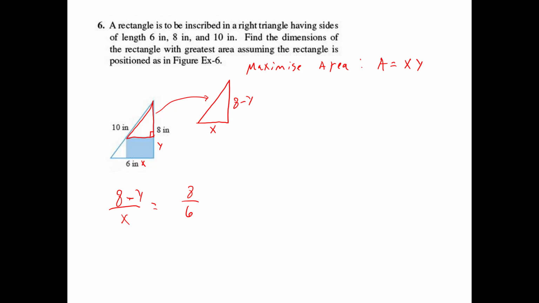So what we can do is clean up this equation by cross multiplying. 48 minus 6y equals 8x. And then we can go ahead and solve for x, since that's what's going to be easiest. So we can divide both sides by 8, and we get our constraint.